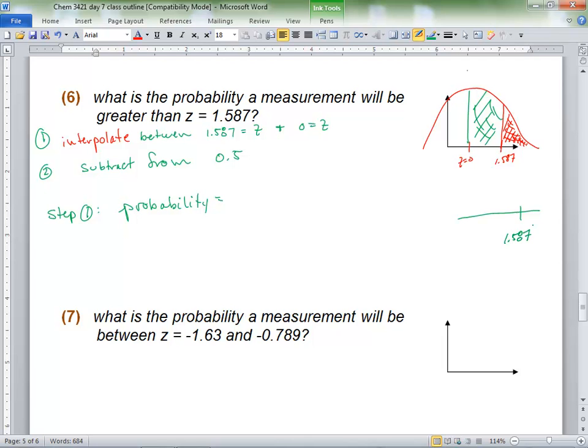Why did you put 0.5? Because I'm only talking about half. The area of that whole half between z equals 0 to infinity is 0.5. So if I subtract out the green part, I'll have my answer. Make sense? Okay, so I'm just interpolating between 1.587 and z equals 0.